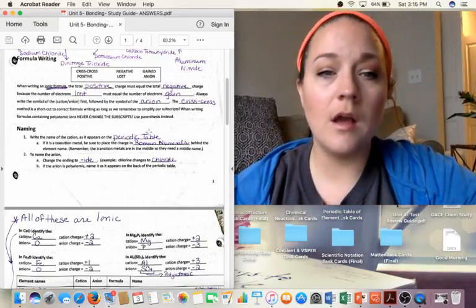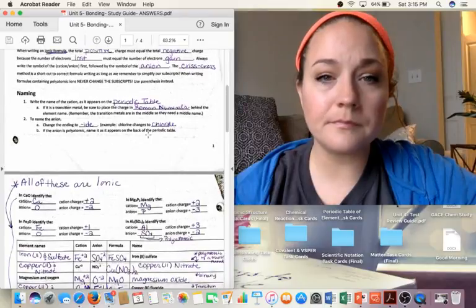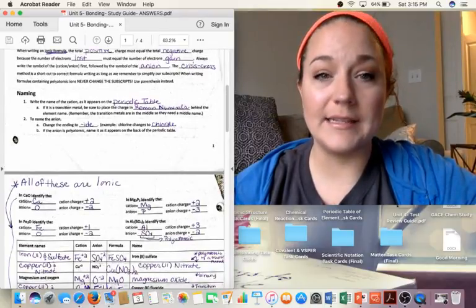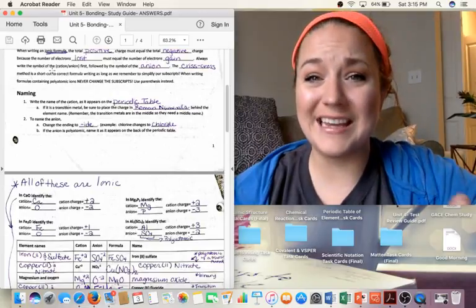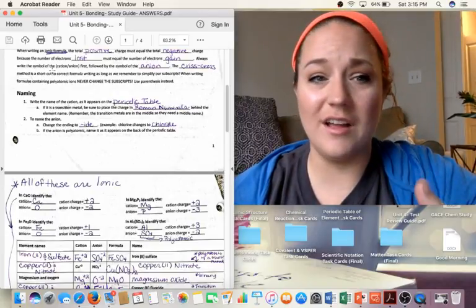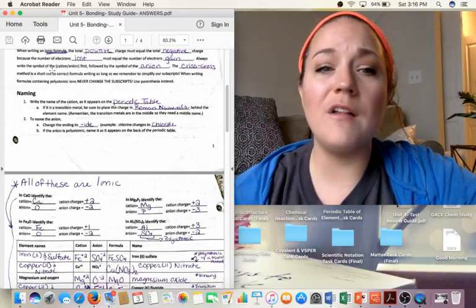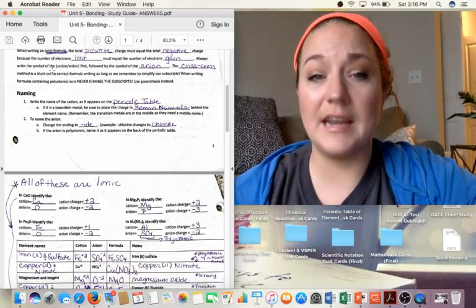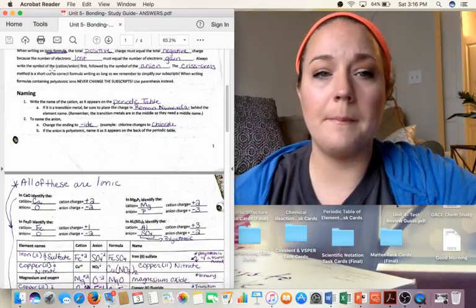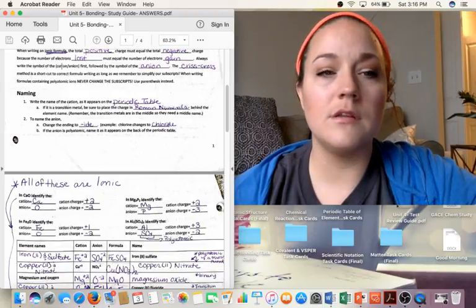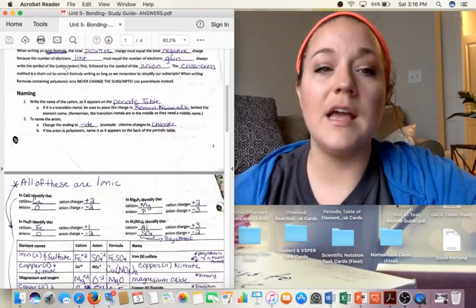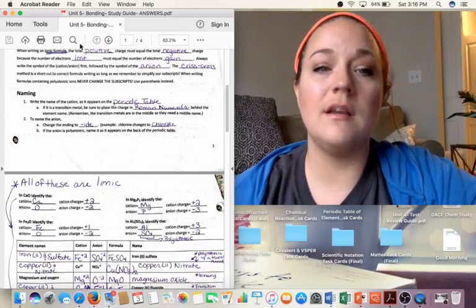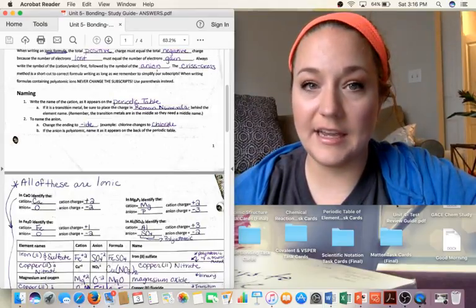So always write the symbol of the cation first, followed by the symbol of the anion. I should have circled cation right there because that was a question. So always write the symbol of the cation first and then follow it by the anion.